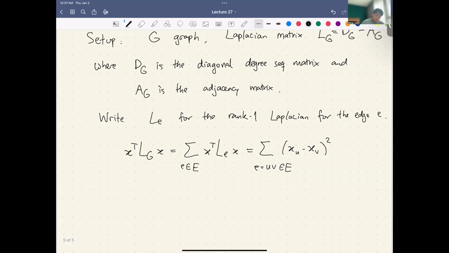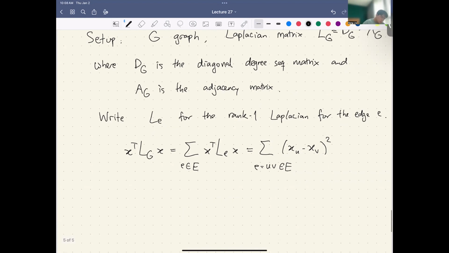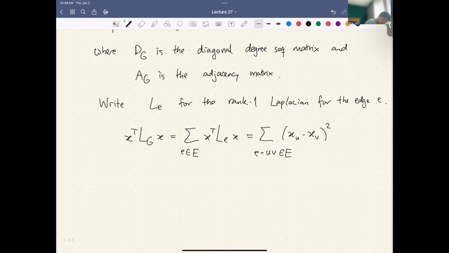Now, why is this quadratic form interesting? If you take x as the characteristic vector of a subset of vertices, this quadratic form is exactly the size of the cut, where one part of the cut is this set. So this quadratic form corresponds to cuts in graph.